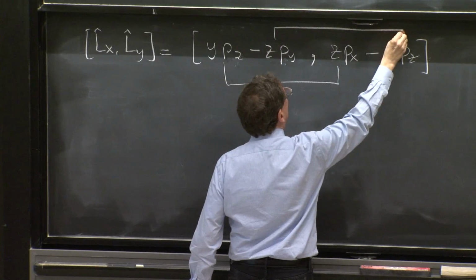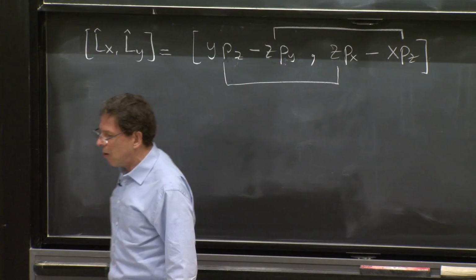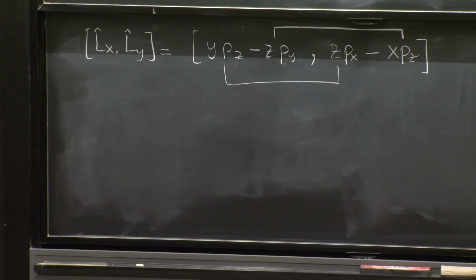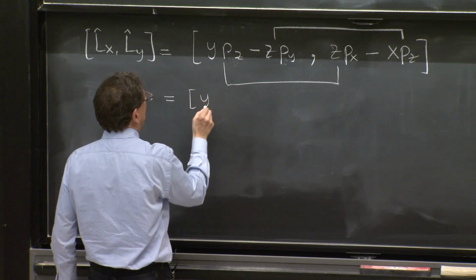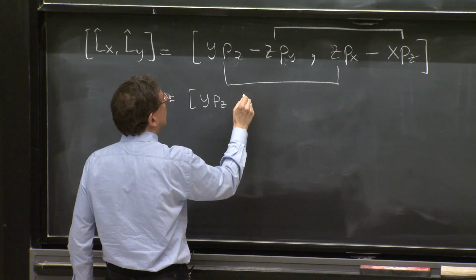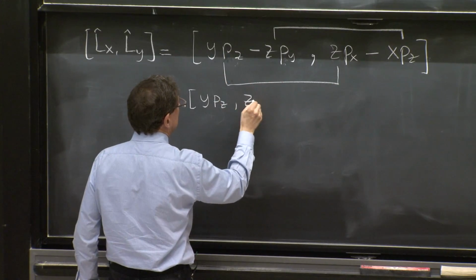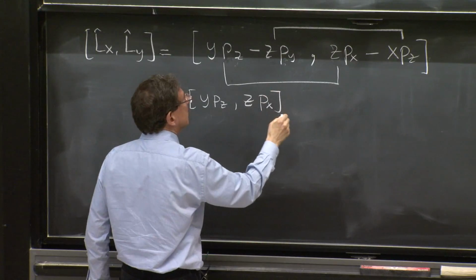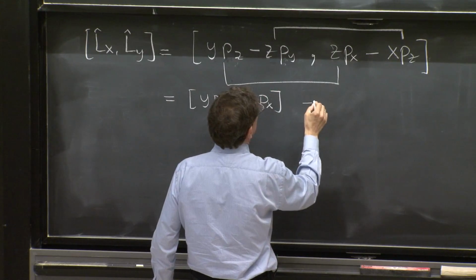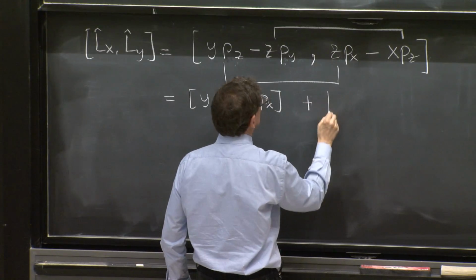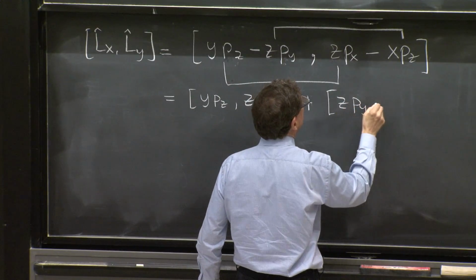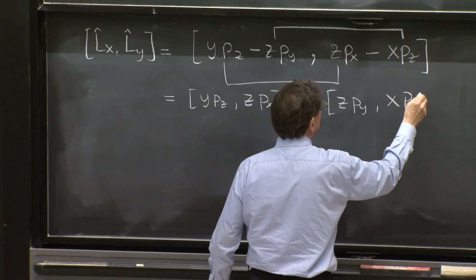So there could have been four terms out of this commutator, but only two are relevant. So let's write them down. y pz with z px, minus, and minus, it's a plus, z py x pz.